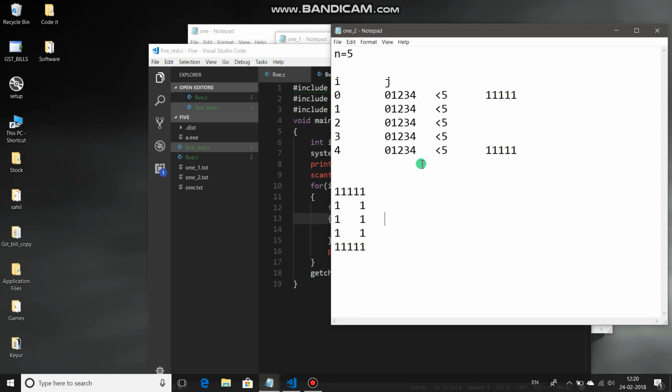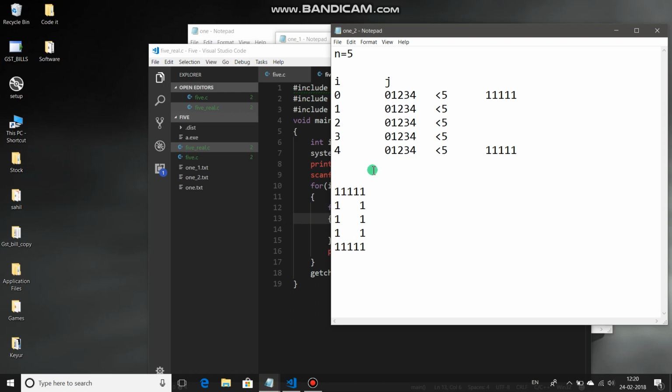So you can easily see that for every value of j, when i equals 0, you need to print 1. Similarly, for every value of j, when i is equal to 4, you need to print 1. That is, in first line and last line you need to print just 1.